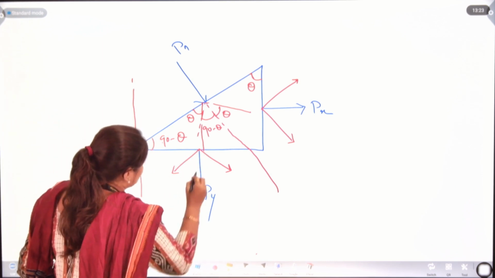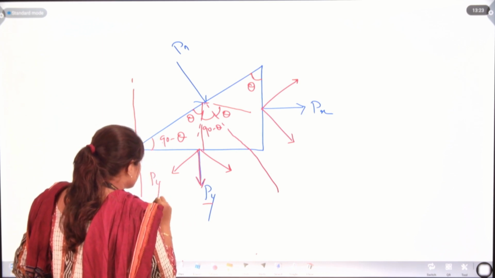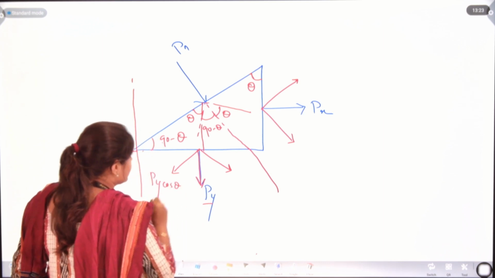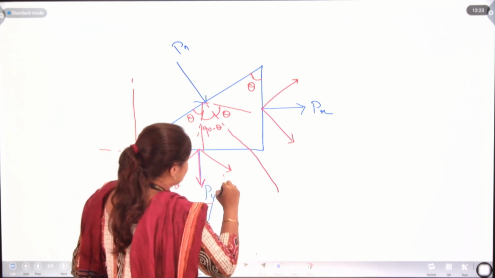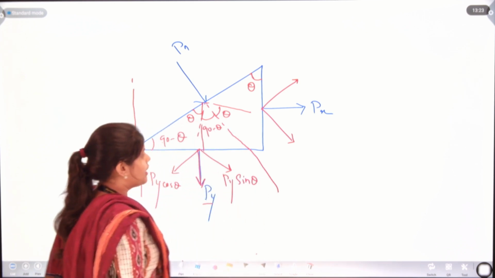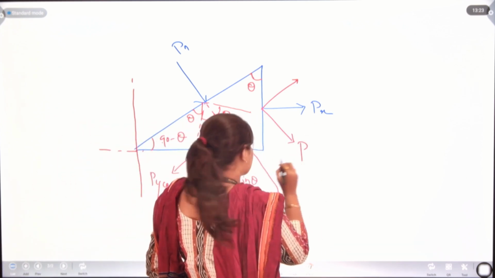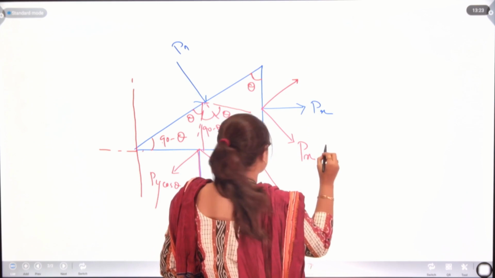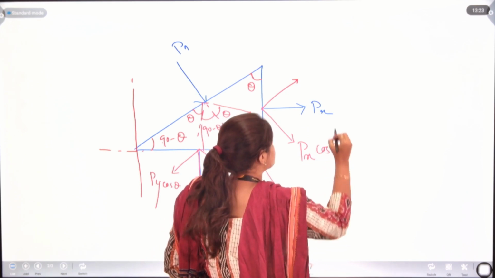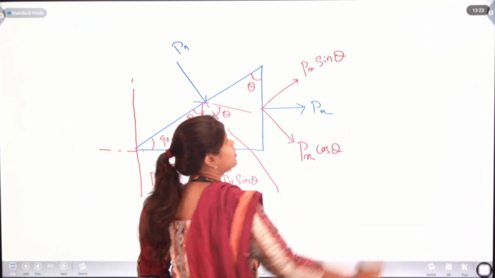Due to this we will have the components of Py, that is Py cos theta and another one is Py sin theta, right? Also Px has two components, that is Px cos theta and here Px sin theta.